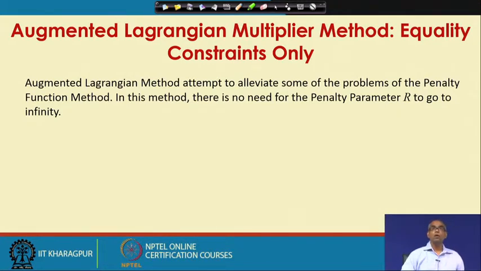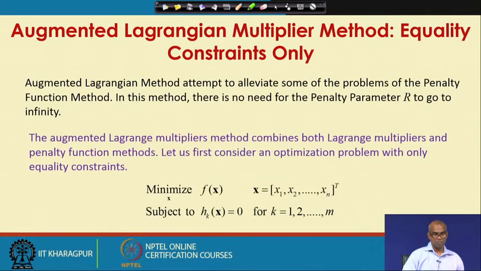So, the problem of r going to infinity and causing an ill-defined Hessian matrix of the unconstrained function can be alleviated. The augmented Lagrange multiplier method combines both Lagrange multipliers and penalty function methods.